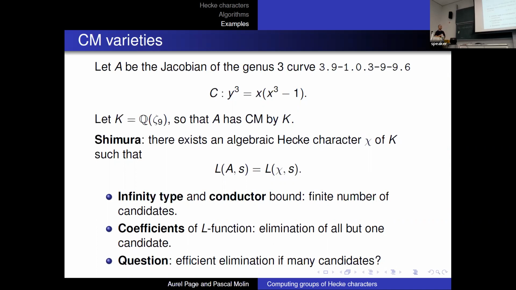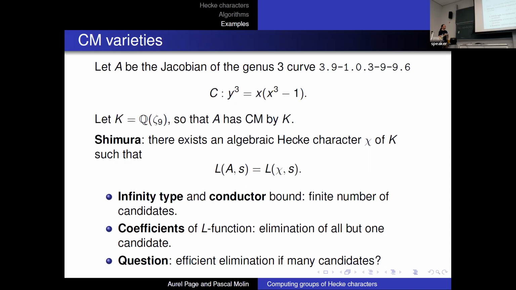The theorem tells you that its L function is actually equal to the L function of a single Hecke character, and you can determine its infinity type and a conductor bound that would give you a finite number of candidates for the Hecke character. Then from the coefficients of the L function, you can eliminate all but one candidate and work out which Hecke character this is. We don't actually know how to do that efficiently in general at this point.